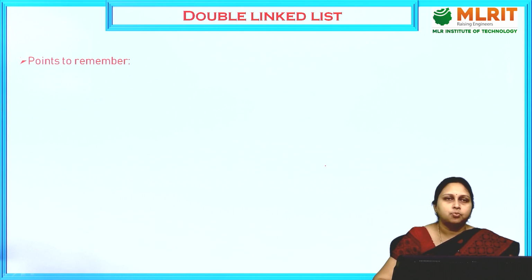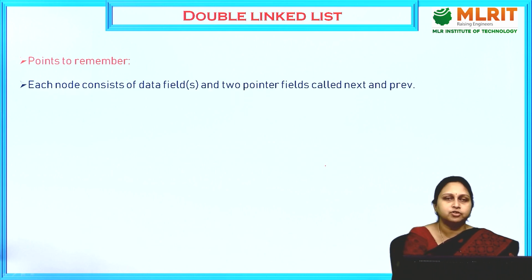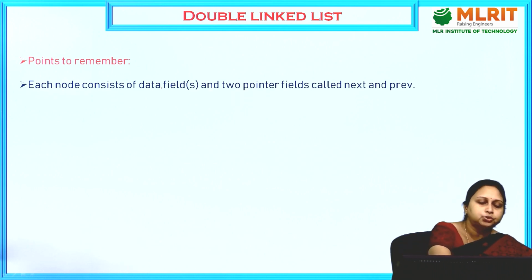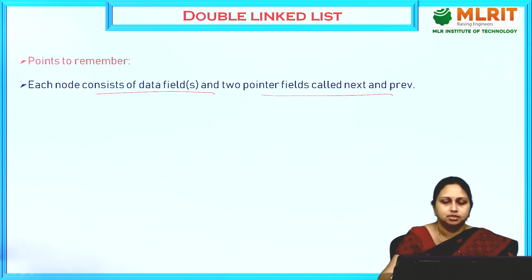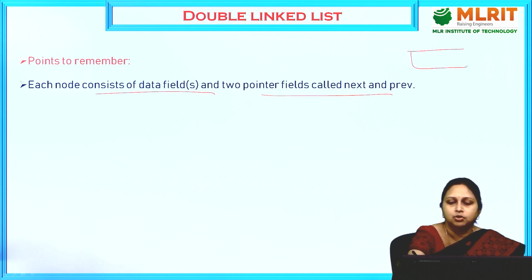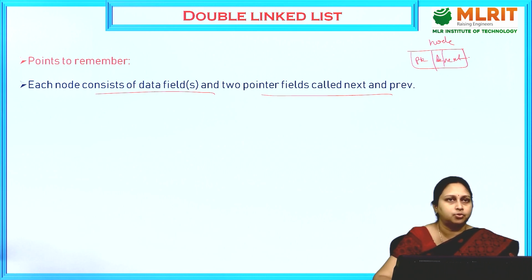Next. These are the points to be remembered when you deal with the double linked list. What is the first point? Each node consists of the data field and two pointer fields called the next and previous address. We have seen a node, right? This is a node which has the data field, and the previous and next addresses are present in it.